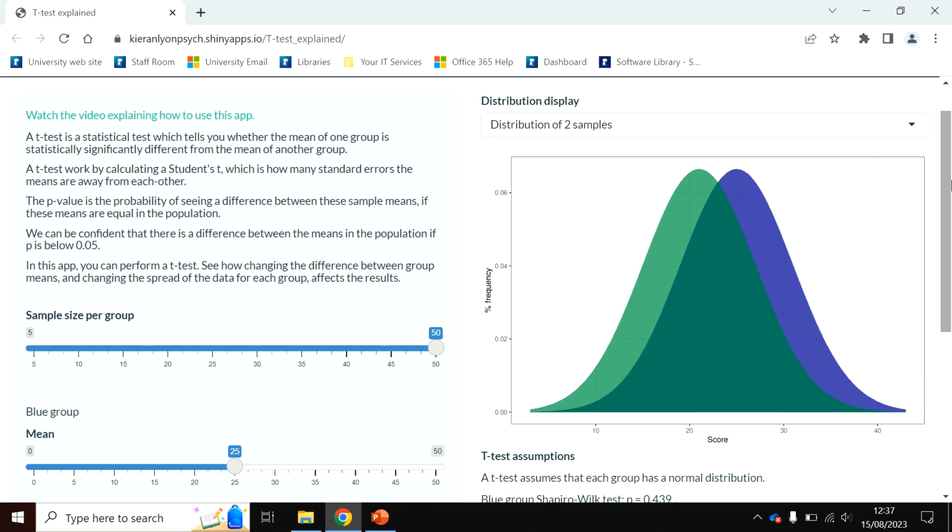We know there's a difference in the sample. We know that this mean is different to this mean, but we want to make sure that there's a difference in the population.